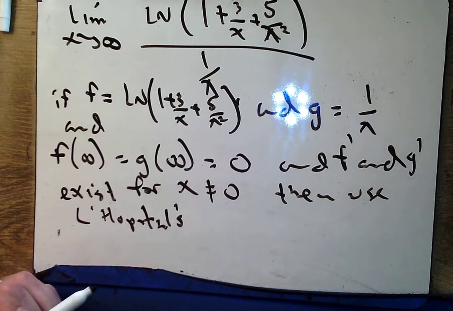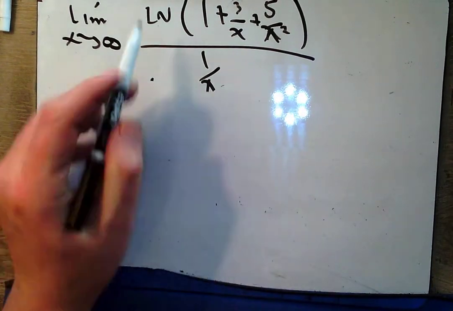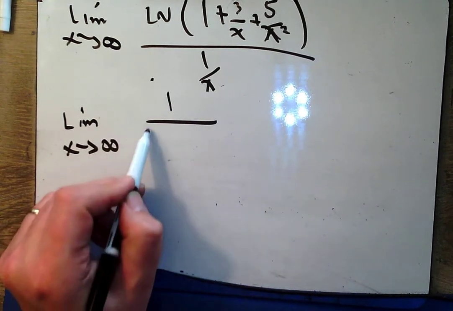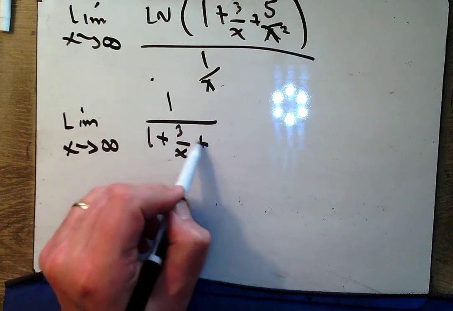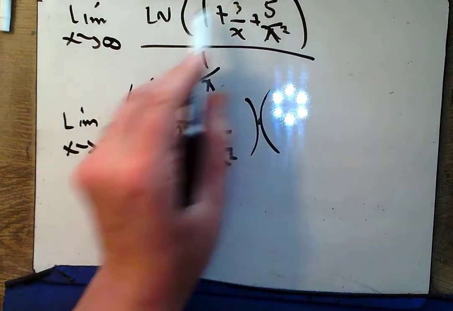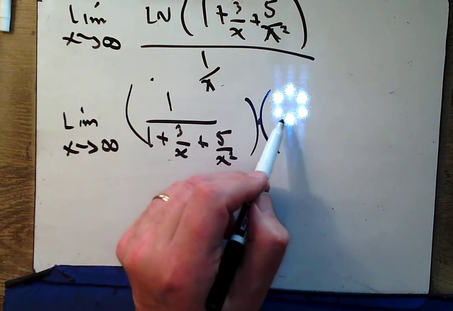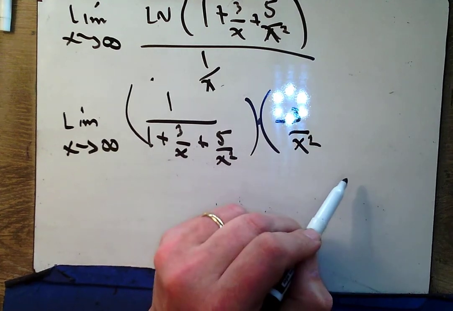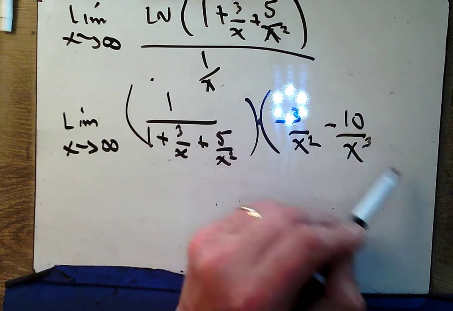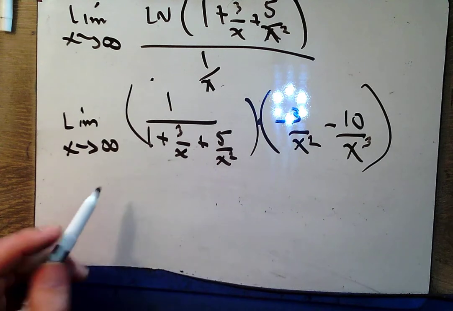So what's L'Hopital's going to get? Well, if I take the derivative on top, the derivative of ln of stuff is going to be 1 over stuff times the derivative of stuff. Well, the derivative of that is 0. The derivative of that is minus 3 over x squared. And the derivative of this is minus 10 over x to the third. Okay, that looks kind of scary and uncomfortable.